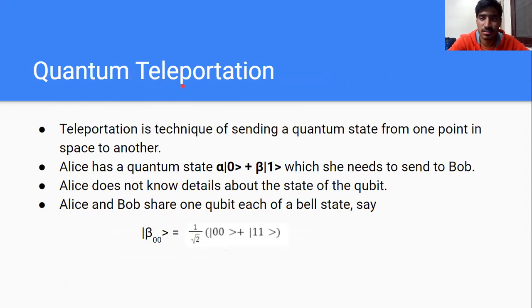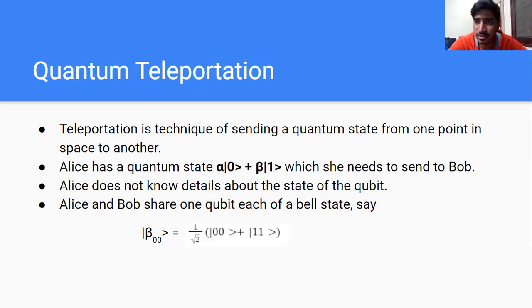Then comes quantum teleportation. Quantum teleportation is itself an implementation of Bell states, so it is achieved using Bell states. It is a technique of sending quantum information from one point in space to another point in space.